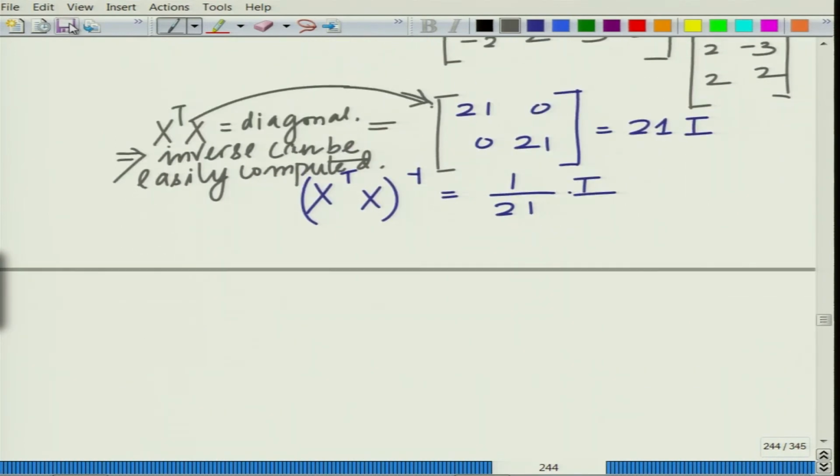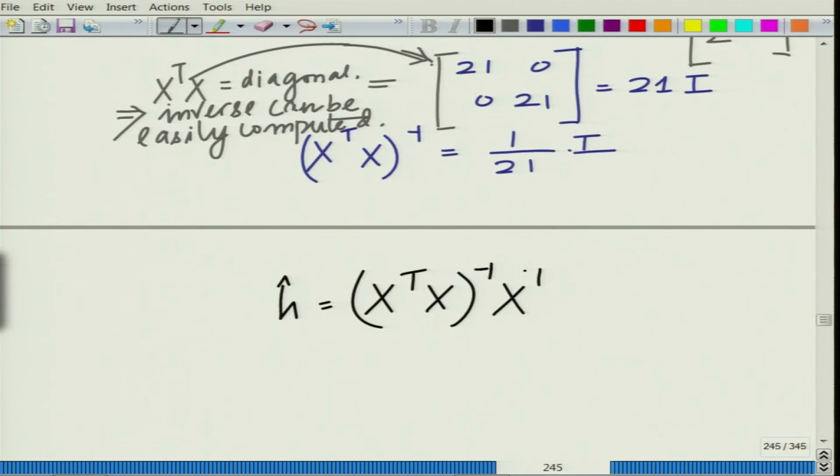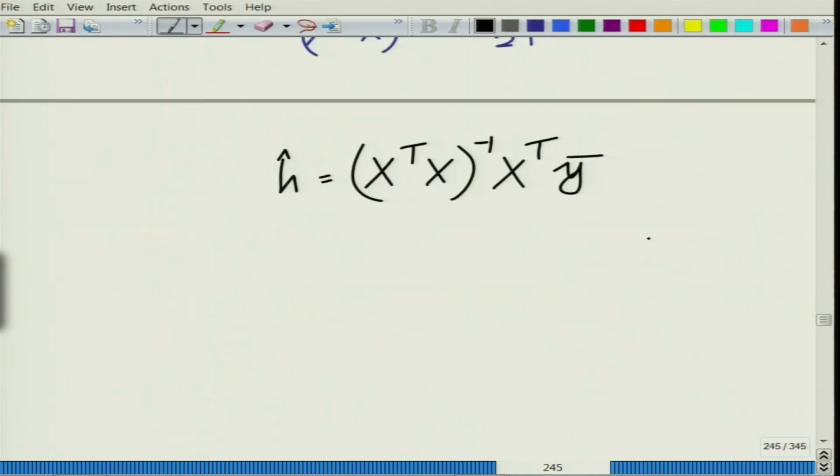One can easily compute the inverse, and therefore now you have your H hat equals X transpose X inverse. In fact, I am replacing the Hermitian by transpose, as you can see, because all the quantities are real. Otherwise, you can also write this as Hermitian. It does not really matter in this case because the quantities are real.